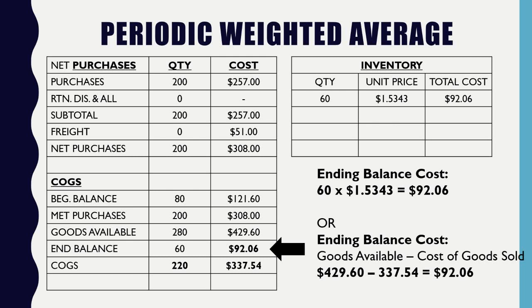But no, because with weighted average, you're more likely to be getting numbers like this where it's ongoing, just because you're more likely to have an odd amount of items or an odd amount of dollars to be divisible by.